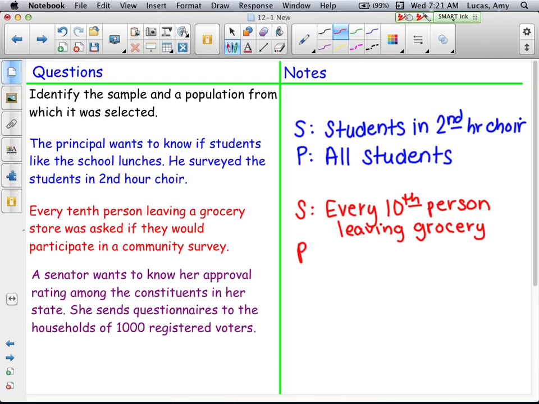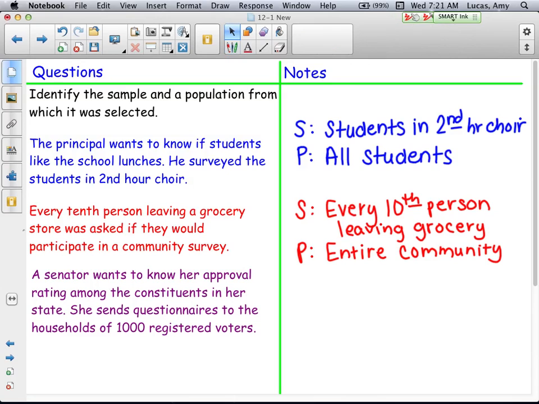Our population, though, is the entire community. They're not going to survey the entire community because that would take a long time and be very difficult to do. So they just went to a grocery store and asked every 10th person that was leaving instead.